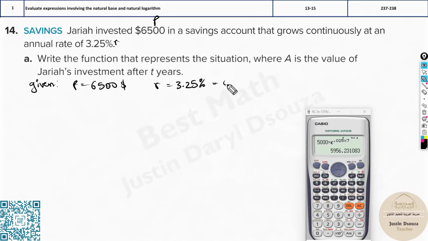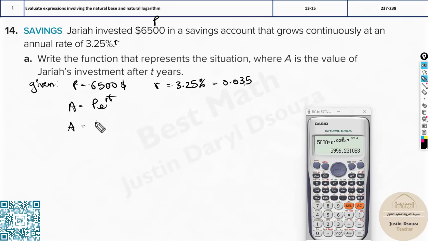That is equal to 0.035. You can use your calculator to check it out. Now next what I would do is write the formula, solving A equals, see they want where A is the value of the amount after a certain time t. A equals P e^(rt). This formula must be known by you.